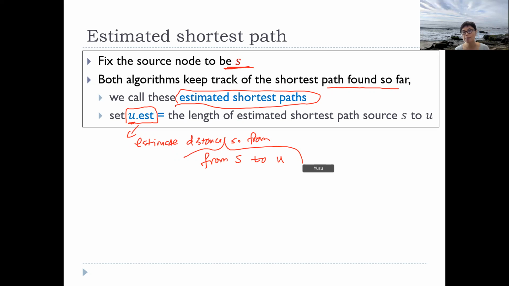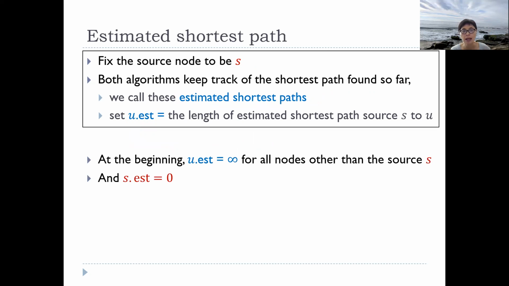This is what we want to maintain, this estimated shortest path and the estimated distances. On a high level, at the beginning the estimated shortest path distance would be infinity for everyone other than the source, because we haven't found anything to go from S to them, other than the source itself, which would have distance 0 because I'm already there.